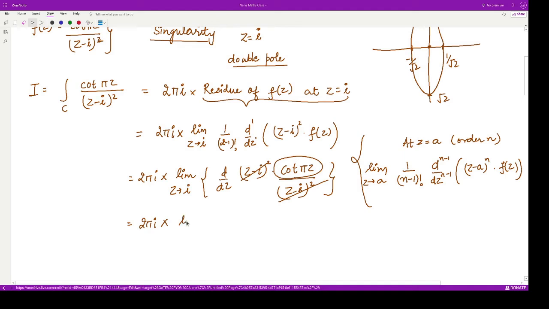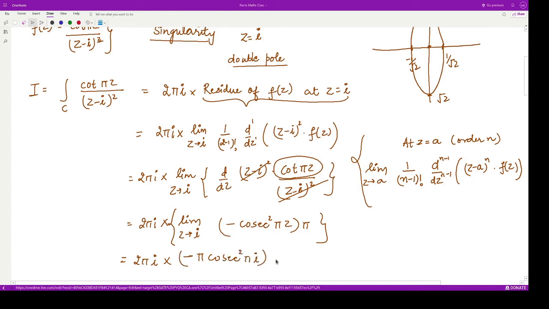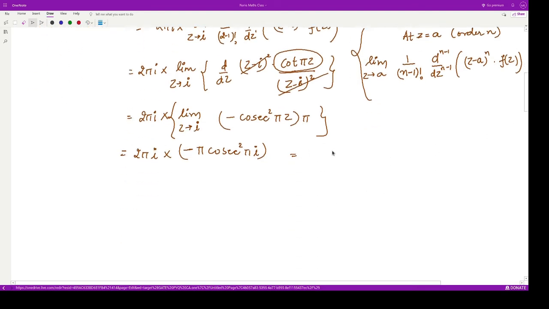The derivative of cot pi z is simply minus cosecant square pi z multiplied by pi. Now if you substitute the limit, we would have 2 pi iota multiplied by minus pi cosecant square pi iota. We can simplify this a bit: minus 2 pi square iota divided by sine square pi iota.